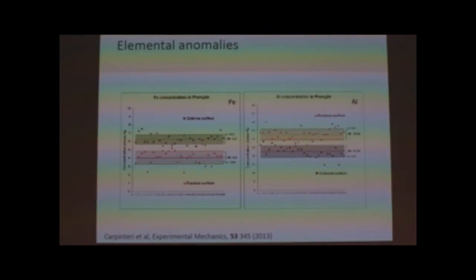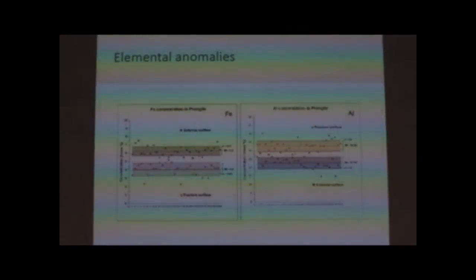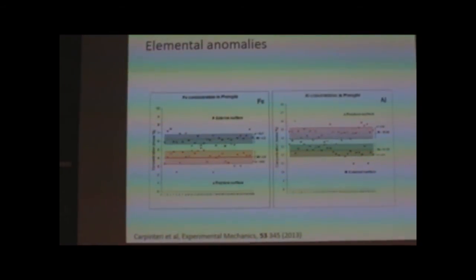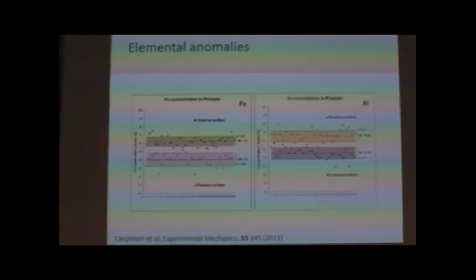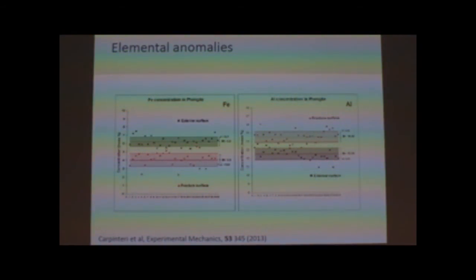So the external surface has not experienced a fracture. Here's the iron concentration. So you've had a fracture, you've had a catastrophic fracture. Now you have a new surface you can look at. So they analyze the new surface, and here's the iron concentration in the new surface. And there's less iron there. So you can say, well, what happened is your fracture occurred in places that were chemically different, so it's weaker.